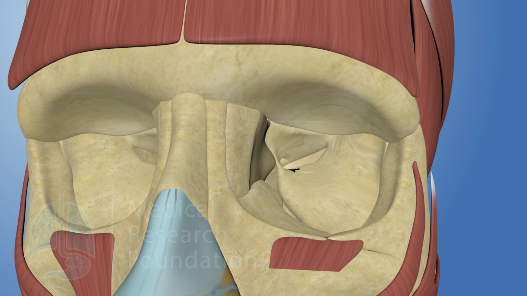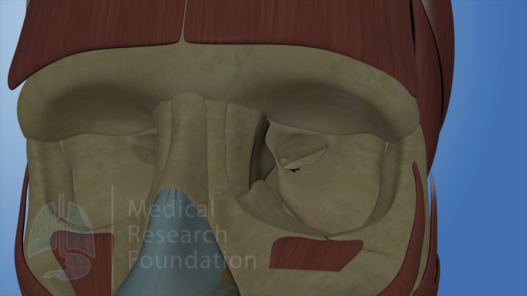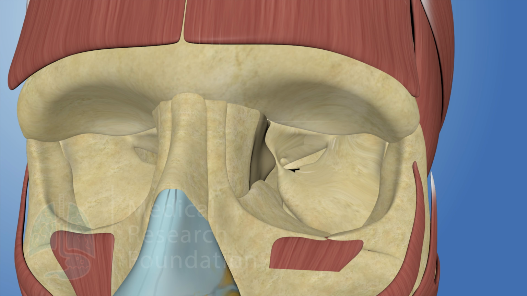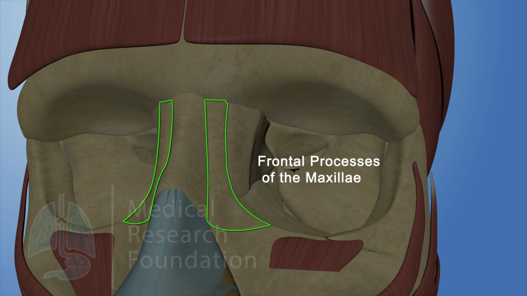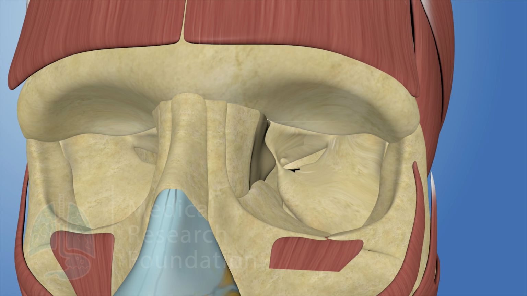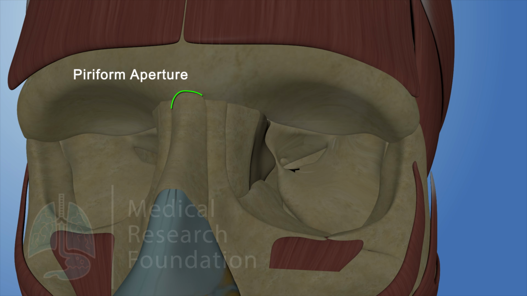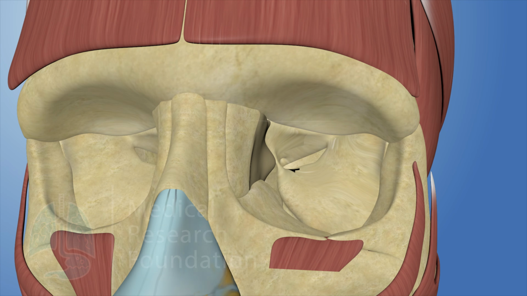The 2 nasal bones meet in the midline and rest on the upper part of the nasal process of the frontal bone. They are held together between the frontal processes of the maxillae. The bony part of external nose terminates in front and below as the piriform aperture.